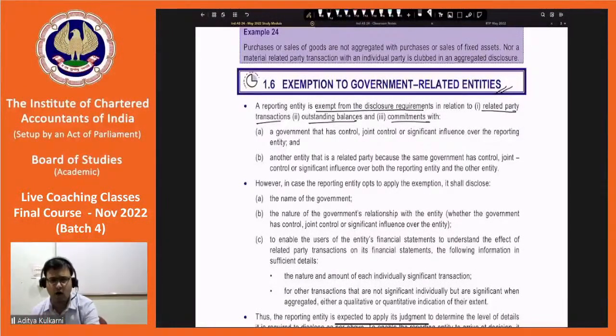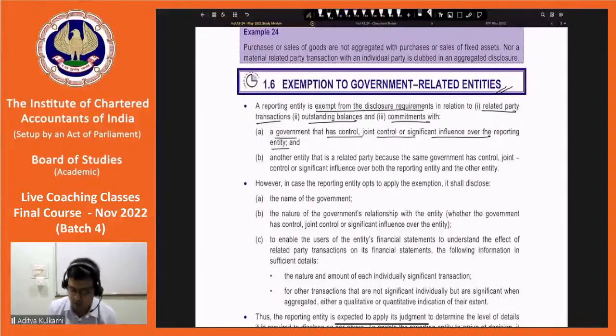So basically all the transaction data, whatever transactions you had to disclose, that is exempted. In what case? If it is a government entity that has control, joint control or significant influence over the reporting entity and another entity that is a related party because the same government has control, joint control or significant influence.